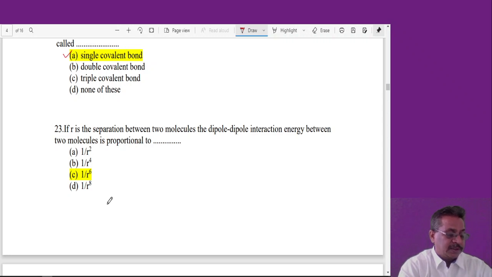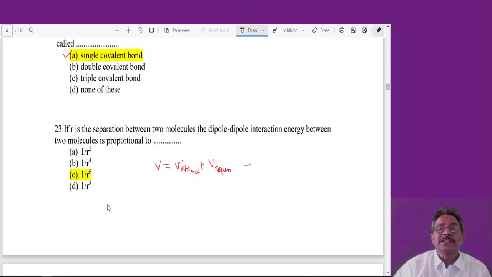Let me come to this particular thing. There is one relation which is called the total potential energy of this type of bond, given by V equals V attraction plus V repulsion.